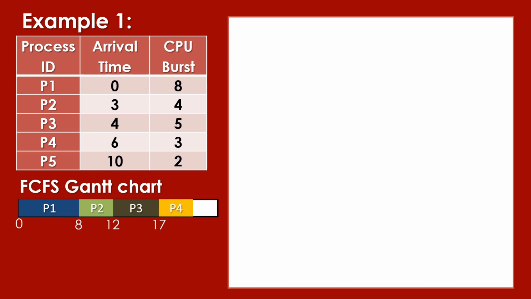So, process si P4, meron siyang CPU burst na 3. So, 17 plus 3, we have 20. Then, lastly, of course, ang huli sa pila, that is P5, meron siyang CPU burst na 2. So, 20 plus 2, 22. So, ito yung Gantt chart or the arrangement ng process ng mga processes.